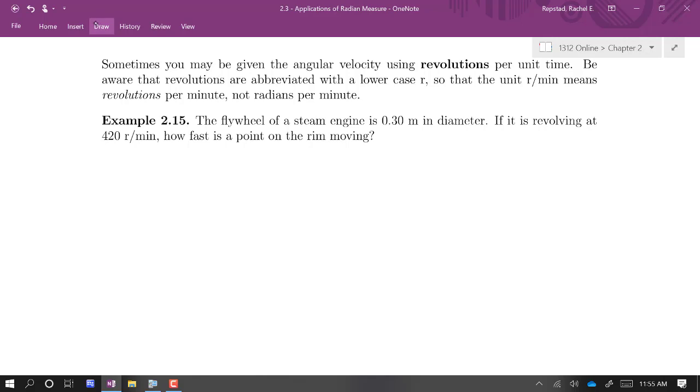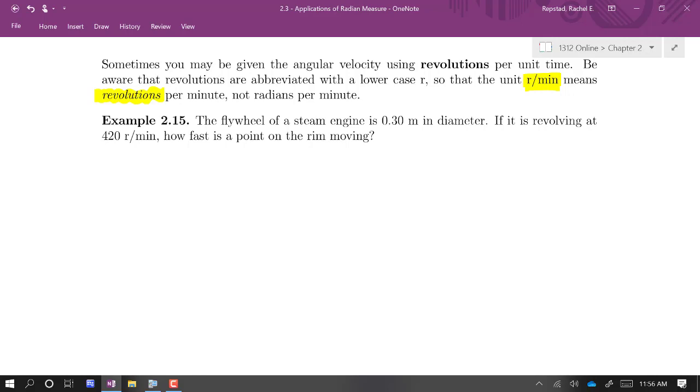Just be aware that when they abbreviate revolutions, they do so just using a lowercase r. So if you see r per min, or r per second, or r per hour, just know that that means revolutions and not radians. Radians will either have no units or will be abbreviated RAD. So just a plain old r, little r, is revolutions.